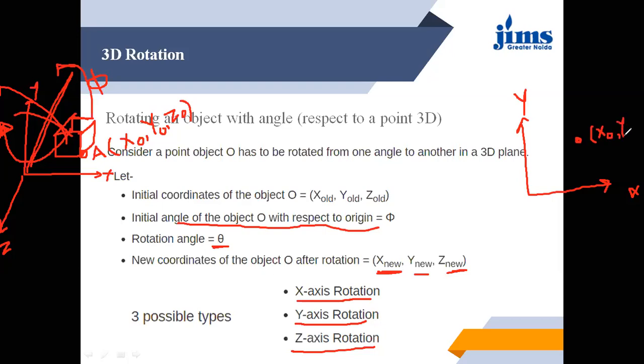In the start it is making an angle phi with respect to the point O, that is the origin. So this is the angle phi, and we are rotating this object with an angle theta, from here to here. This angle is theta.